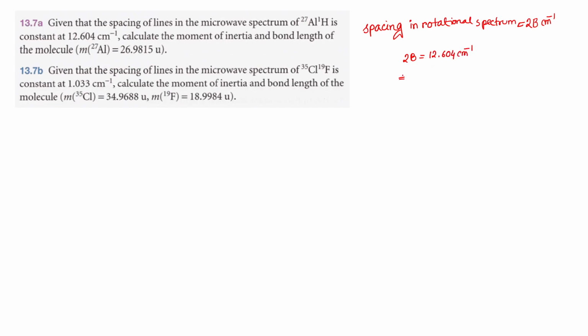As you can see, your B, the rotational constant, is 6.302 centimeter inverse. So you use the formula just what we saw earlier, that B equals h by 8 pi square I c. So from here you will get the I, right? If you put all the values, you get I, and then I is equal to mu r naught square, or r square you can say.